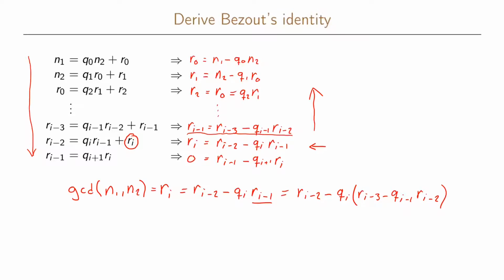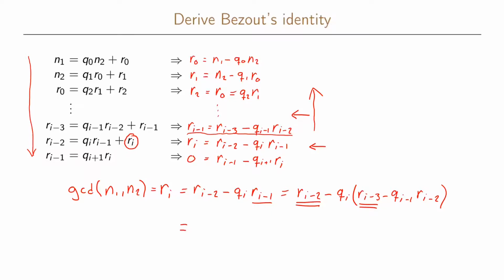And now we see we have written this as only r(i-2) and r(i-3). So then we continue upwards and we replace r(i-2) with the preceding row in this algorithm, then we replace r(i-3), r(i-4), and so on until we reach the end.